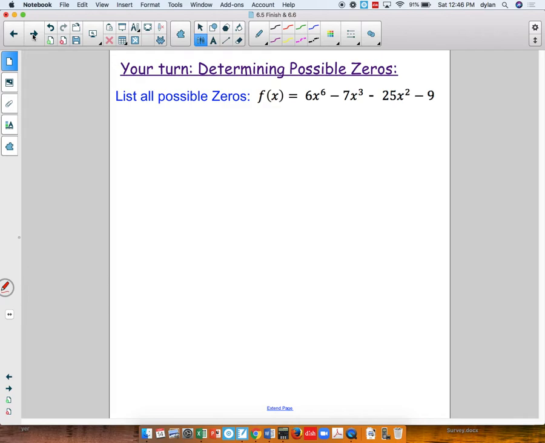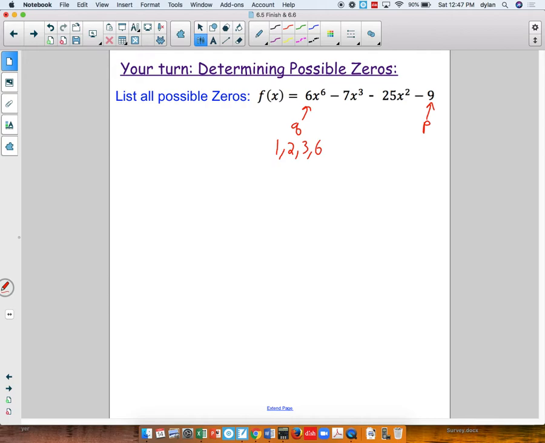Let's say I ask you, okay, I just want you to list for me all the possible zeros of this polynomial, f of x equals 6x to the 6 minus 7x cubed minus 25x squared minus 9. So our p-value is 9, and our q-value is 6. So the factors of 6 are 1, 2, 3, and 6.